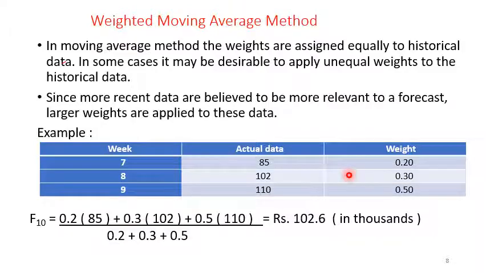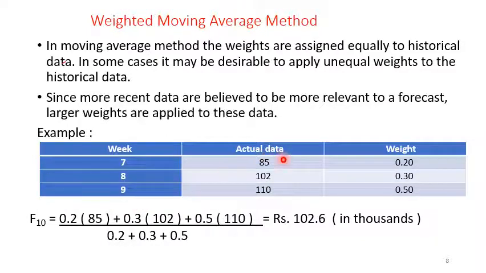So in weighted moving average, you assign weightages to the data. In most cases, the most recent data is given the highest weightage, and the oldest data is given the least weightage. So how do you do this? Just multiply the weightages to the actual data under consideration. When you're forecasting for the 10th month, take the last 3 data, 7th, 8th and 9th, like you have done in moving average.